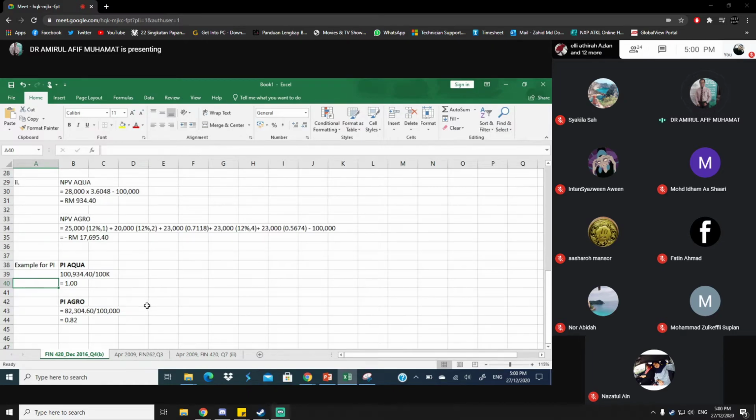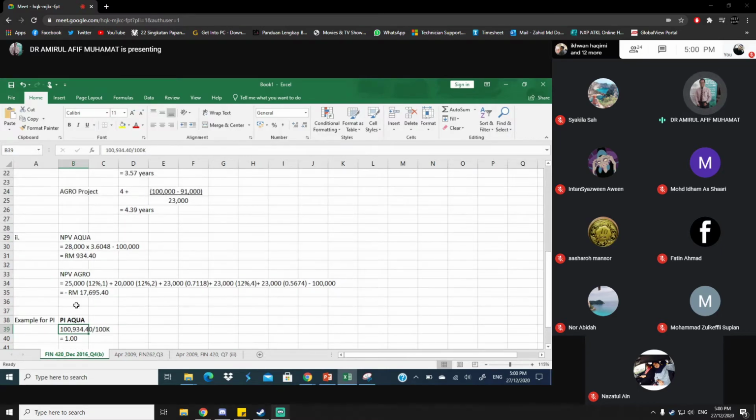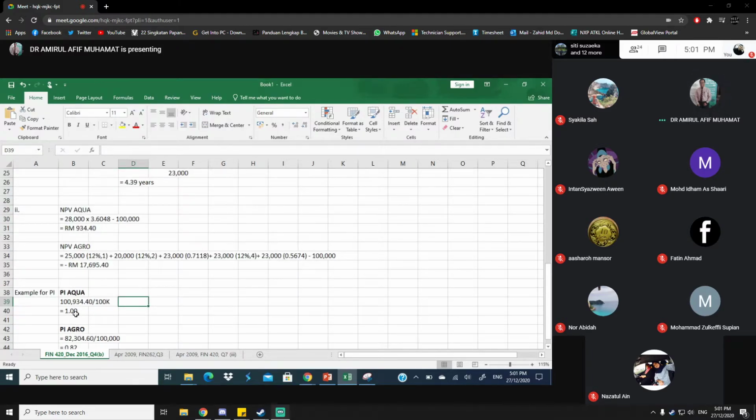You sum up the factors that you have done in NPV, then you divide by 100,000, and you will get a PI, an index of 1.00.